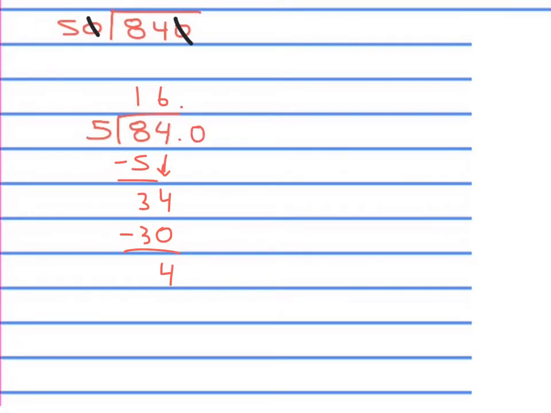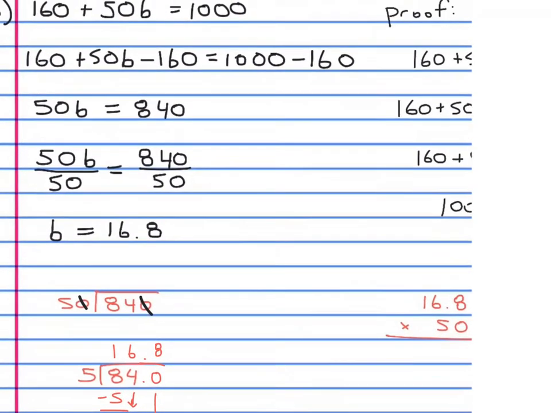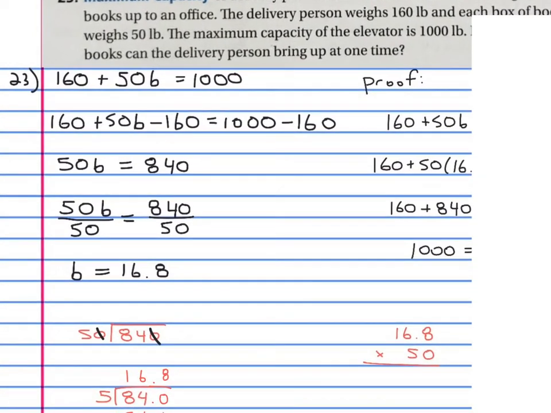We can say 84.0 is the same as 84. Now there's a digit to bring down. And how many times does 5 go into 40? It goes in 8 times. And 5 times 8 is 40. So we subtract away the 40, and now we're left with nothing. So we get 16.8. And that's where I came up with 16.8.